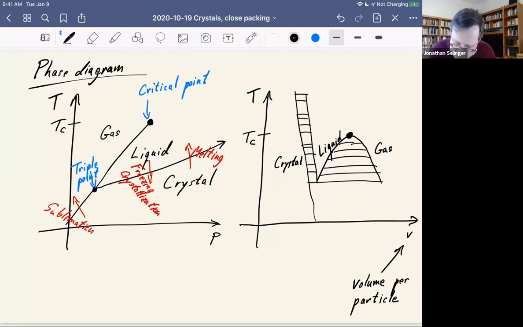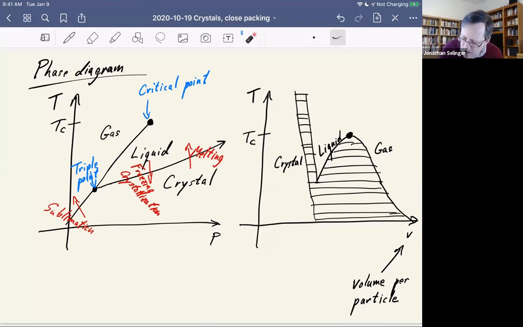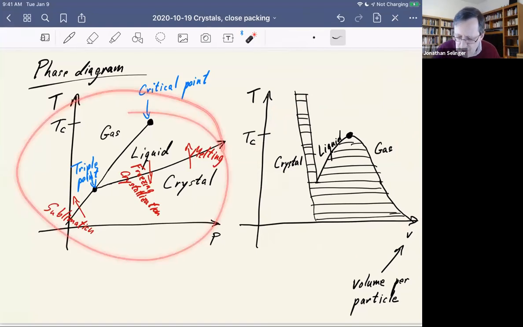And then below this temperature, there's no more liquid. And so instead, we go directly between crystal and gas. So those lines represent the two-phase coexistence of crystal and gas. So here are the three phases expressed in terms of temperature and volume, in a way that corresponds to this kind of a chart.